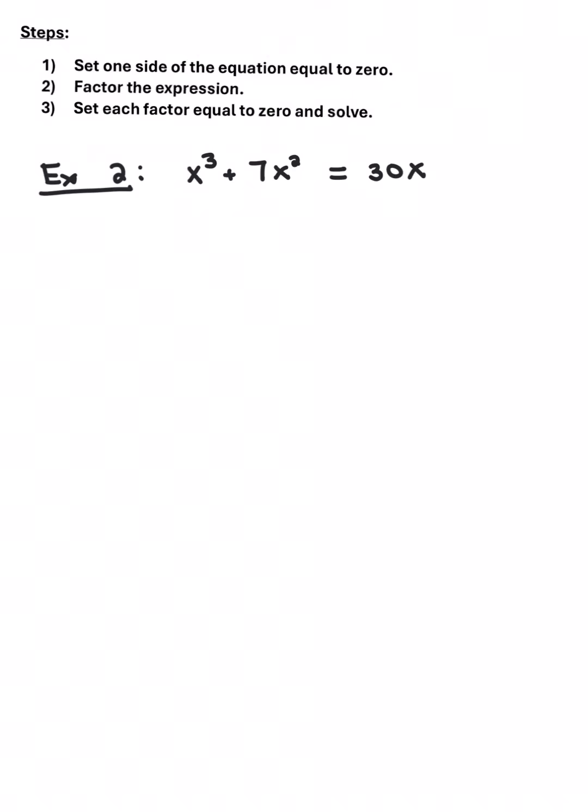Okay, now, if you can copy down example number 2, and again, I just put the steps up here so we wouldn't forget them. Okay, so step 1, we're going to go a little faster this time. Set one side of the equation equal to 0. So this 30x, I'm going to move over to the other side of the equation, and when I do, the x cubed stays positive, the 7x squared stays positive, and when I move this 30x over to the other side of the equation, I'm technically subtracting it, so its sign is going to change.